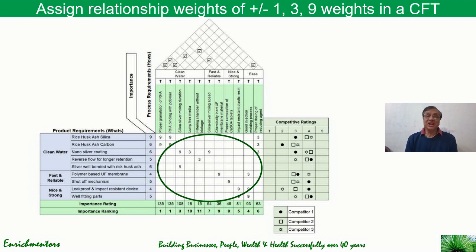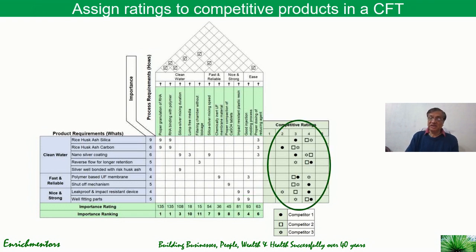Having done these relationship weights in the CFT, in the middle row we now go to the comparative products. We need to compare them on these product requirements. How do the comparative products perform on these product requirements? And we rate our key products on a scale of 1, 2, 3, 4, and 5.